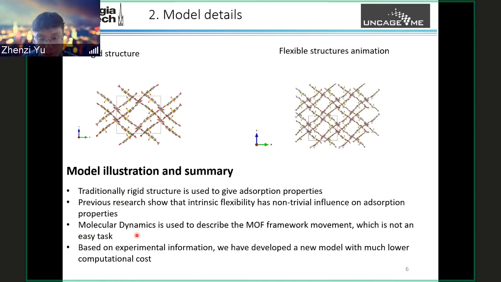However, molecular dynamics is currently used to describe the MOF framework movement, which is not an easy task. So, based on the experimental information, we have developed a new model with much lower computational cost, which of course is much easier to implement.